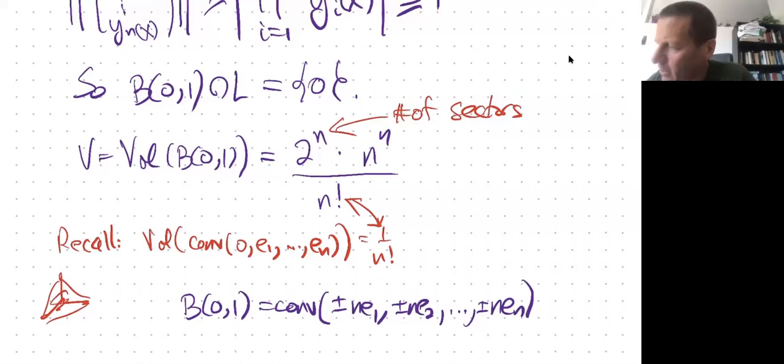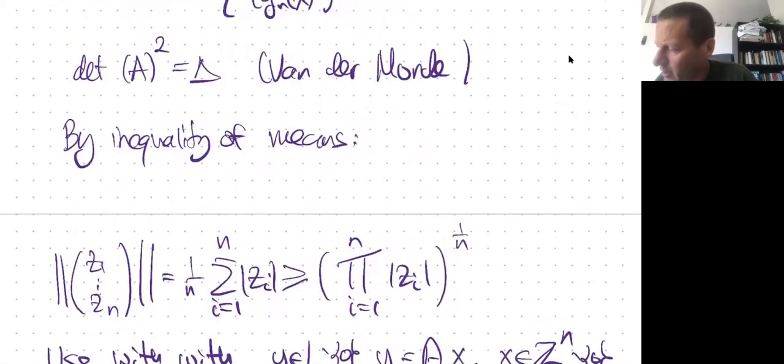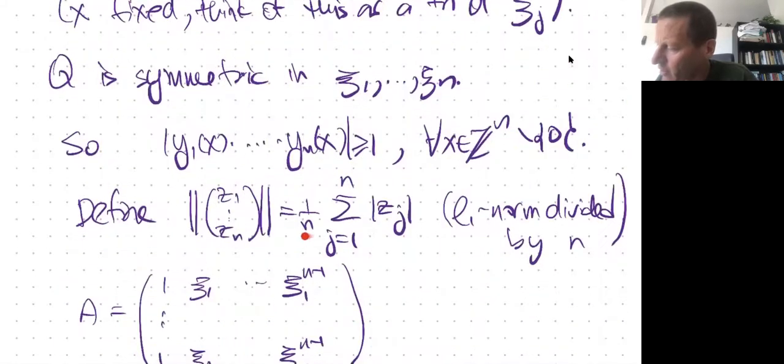Because of this, the n is appearing. This n is appearing because of the 1 over n in the definition of the ball right here. So if this expression has norm 1 and you're a multiple of one of the e_i's, then actually you're n times e_i for this to have norm exactly 1.